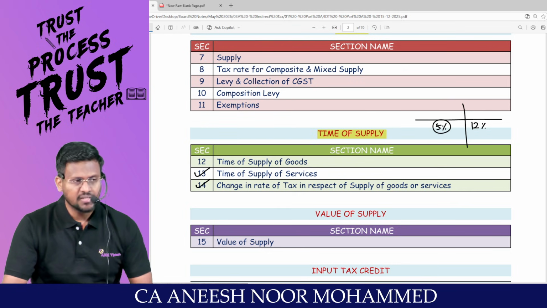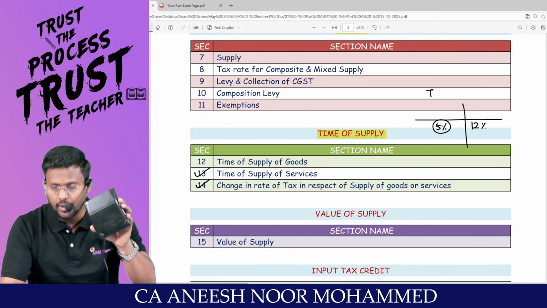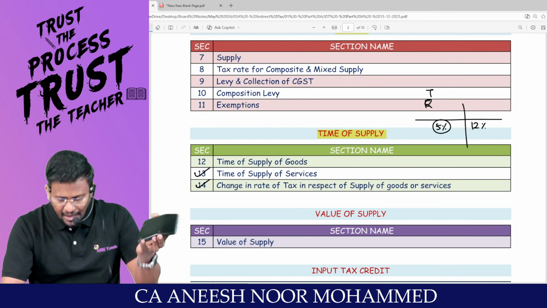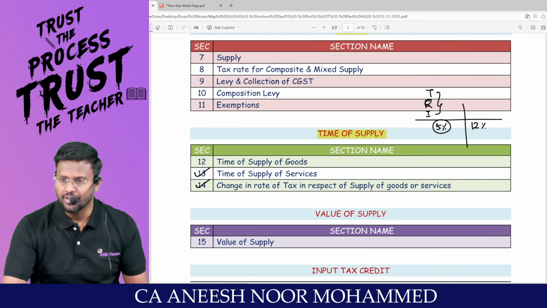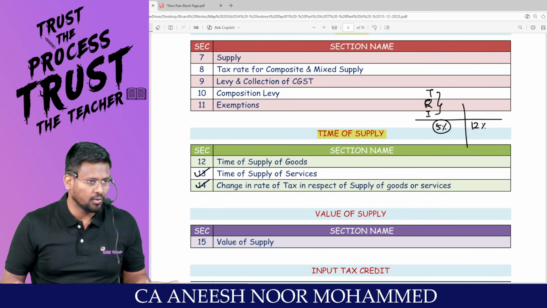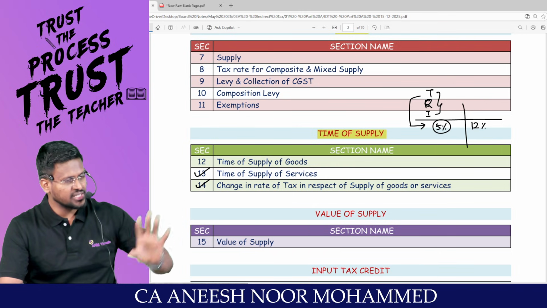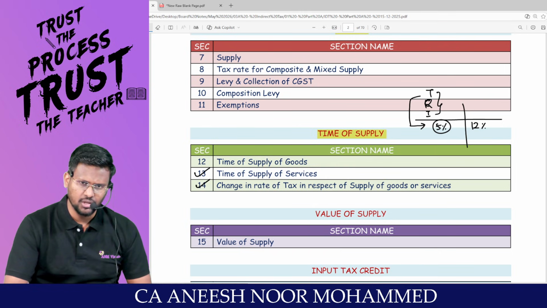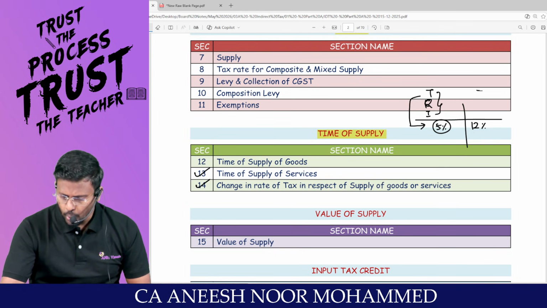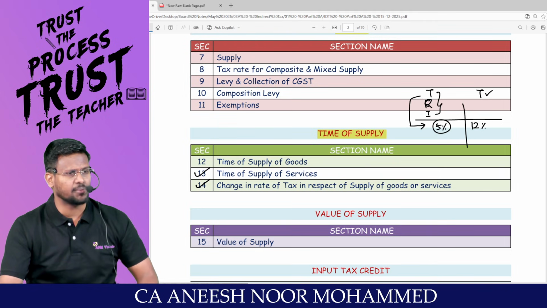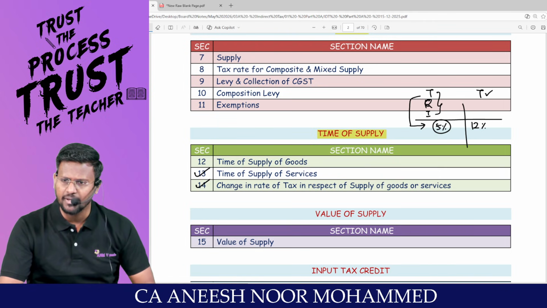Example. Sir, I sold the calculator today. I got the consideration today, and I have raised the invoice today. If everything is today, then I know the rate applicable today is 5%. Then GST is liable to be paid at 5%. Am I right? Sir, today I sold the calculator, but still I have not received the payment from the customer. The customer is saying that after 30 days I will make the payment.